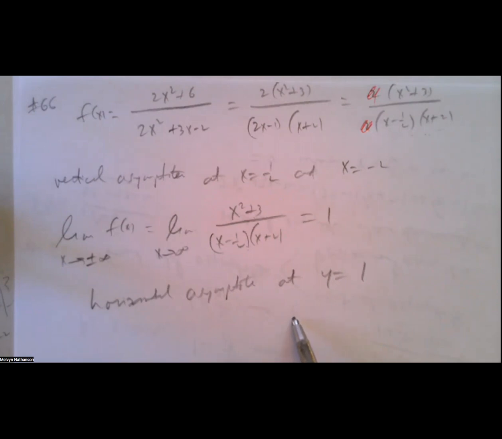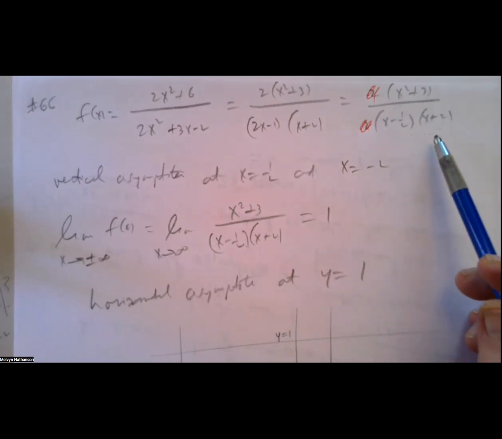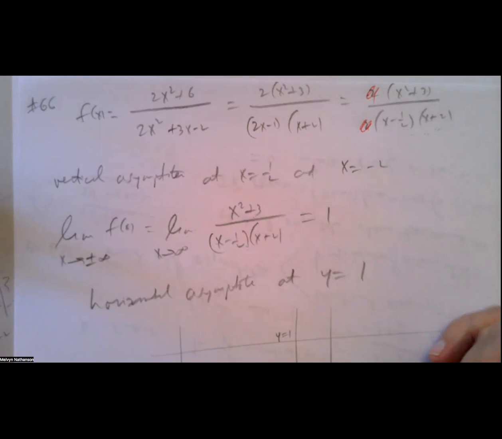So if we actually wanted to get some idea of what the graph of this function looked like, this is 0. This is the horizontal line, y equals 1. This is the vertical line, x equals minus 2. And sorry, this is the vertical line, x equals a half.